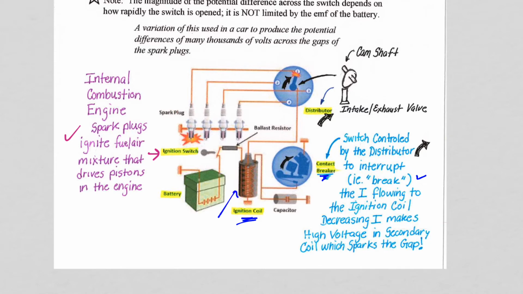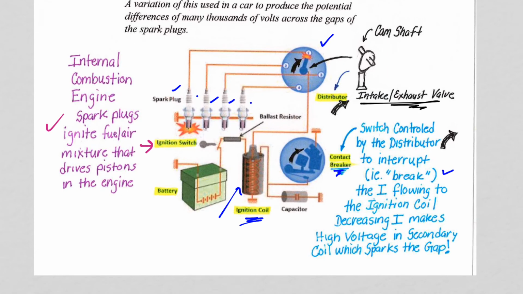So we get a voltage spike in here that gets translated up to what is called the distributor, which distributes that spark between the different spark plugs. And that spark is also controlled by a camshaft, which opens and closes the intake and exhaust valves for the flow of the fuel-air mixture to the pistons, and that is the basic premise for how the spark plugs get that voltage and the ability to spark.